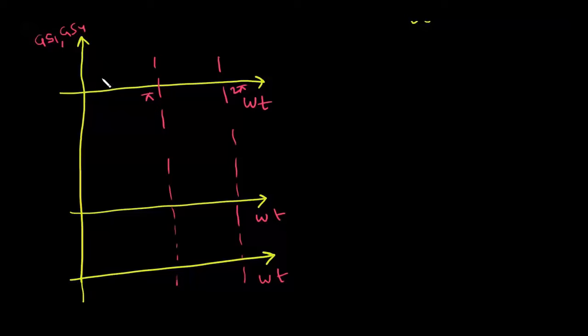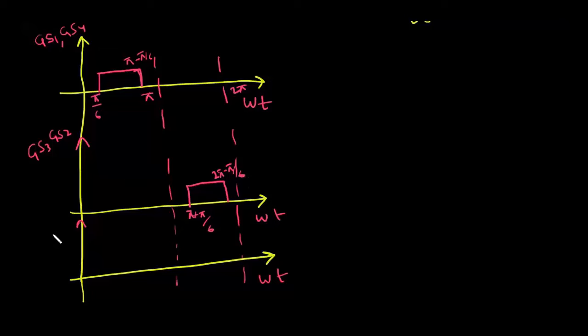In the question it is given that we are turning the switches on for 120 degree in each half cycle. And for GS3, GS2, this is pi by 6 and this is pi minus pi by 6. So the total duration is 120 degree here. Similarly here this is pi plus pi by 6 and this is 2 pi minus pi by 6.